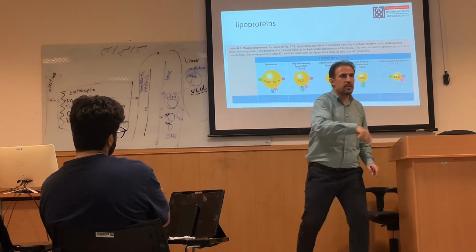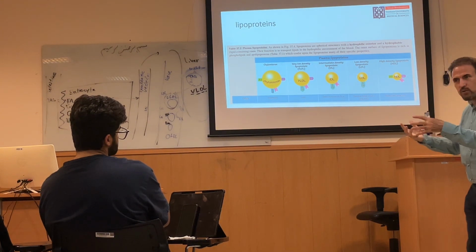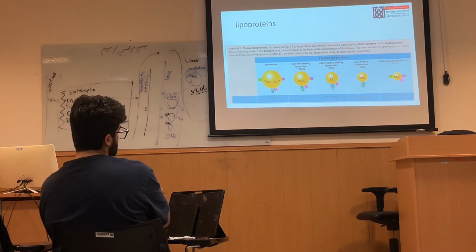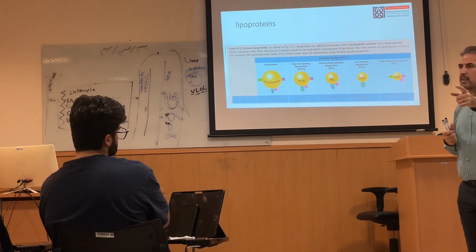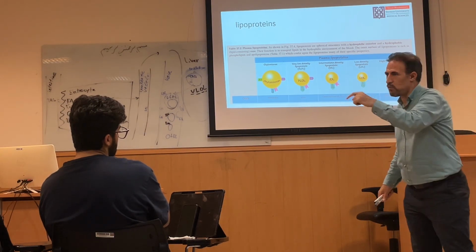HDL in blood circulation goes to every tissue and asks, do you have extra cholesterol? All cells give their extra cholesterol to HDL. HDL collects all of that cholesterol and gives it back to where? The liver. The liver knows what to do with it.